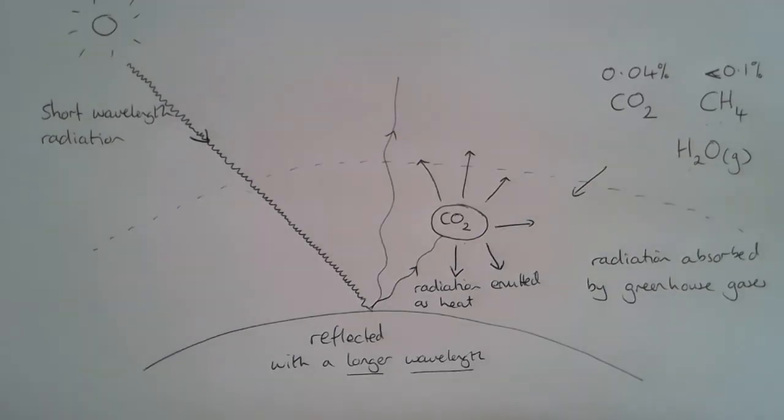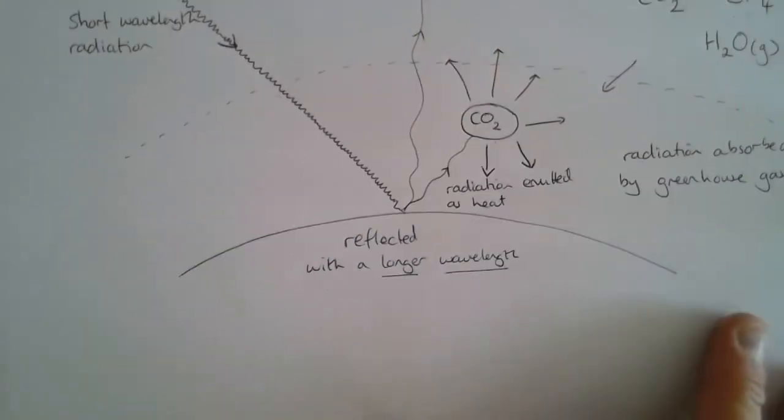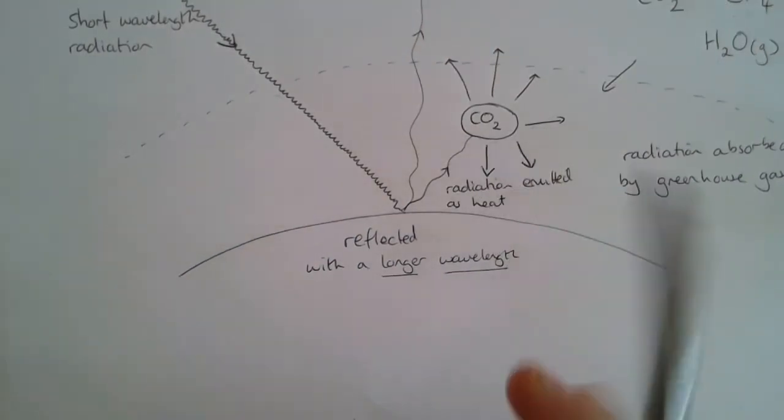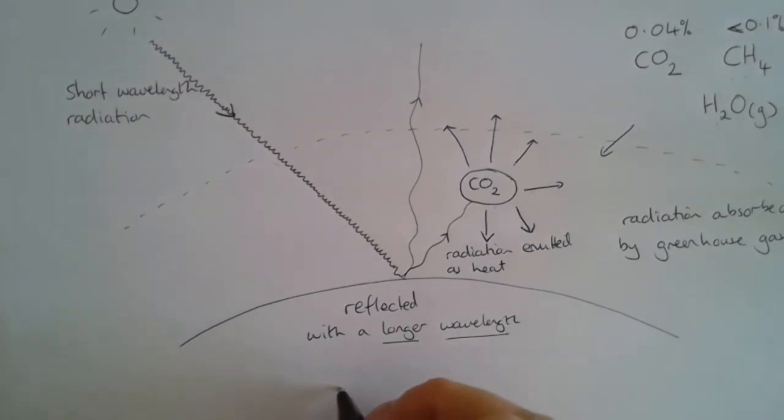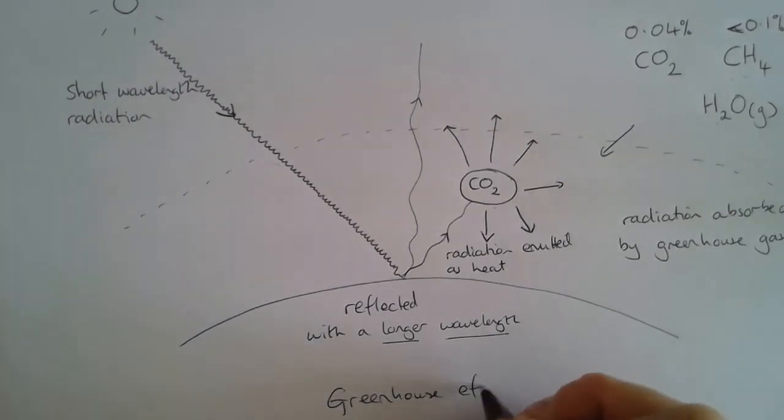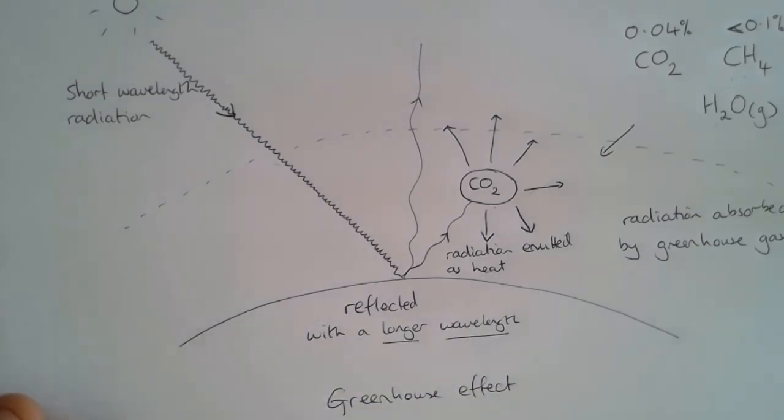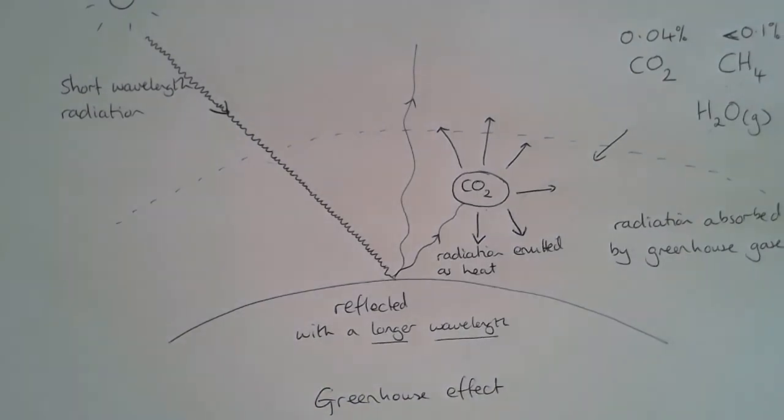This is actually a process that is needed. Without the greenhouse effect, the Earth would be significantly cooler than it is now. So we need a small amount of the greenhouse effect to keep the Earth at a temperature that's suitable for life.